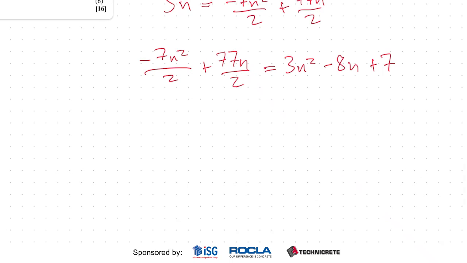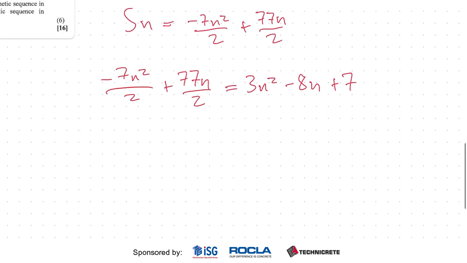So what can we do to solve here? I think it's easiest to collect all the like terms. A couple of ways of doing this.